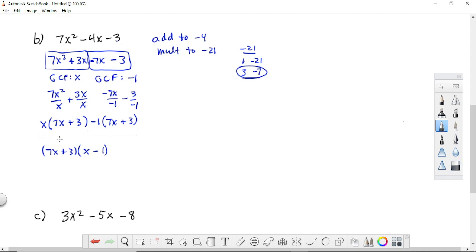And if we FOILed that out, we would see that it does work. Okay, we have one more.